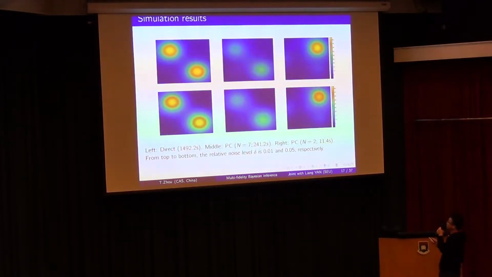And consider if you use the full model, meaning that when you do the MCMC, you always solve the full forward model. Then the computational time is this quantity. But if you use a polynomial chaos-based surrogate model, this can be very efficient.